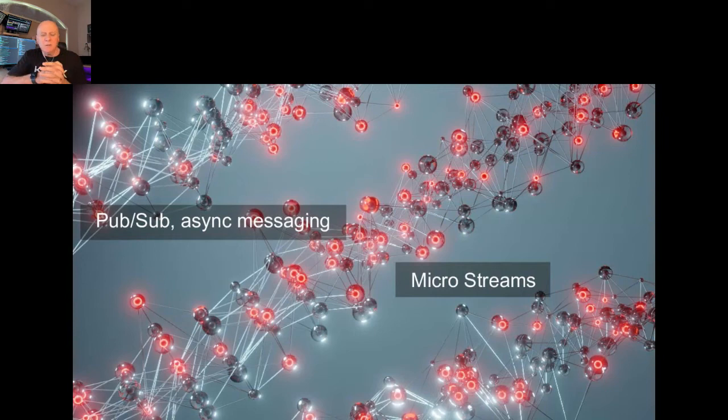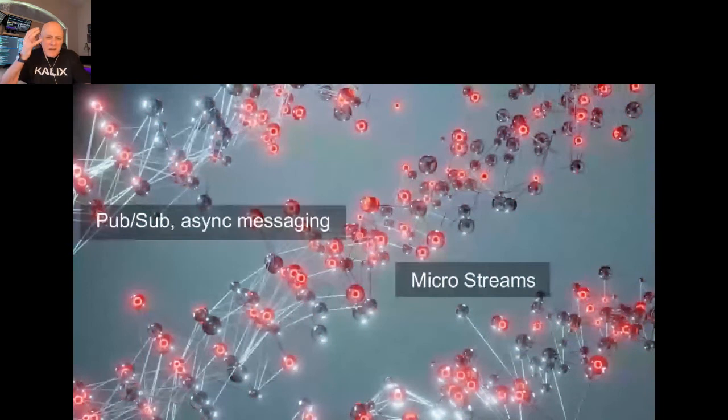With pub sub, though, this is where things get, I think, really, really interesting. And this is why I came back to this diagram, because hopefully what's starting to emerge here is that all these little spheres in this diagram, in my mind, are specific instances of entities.